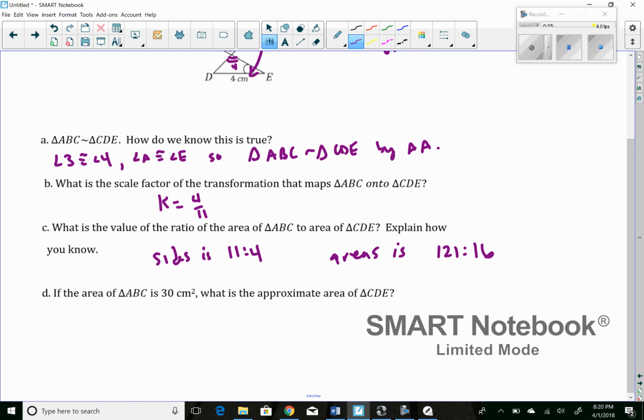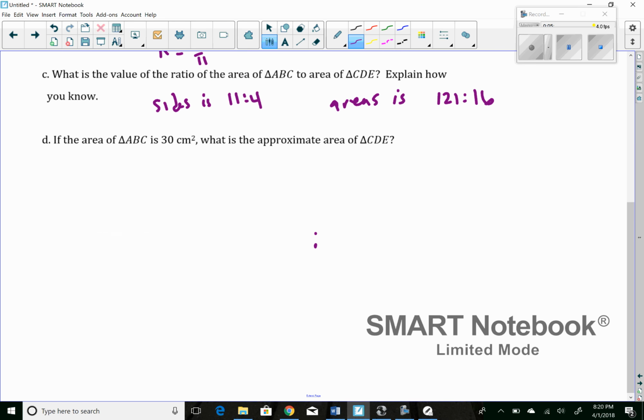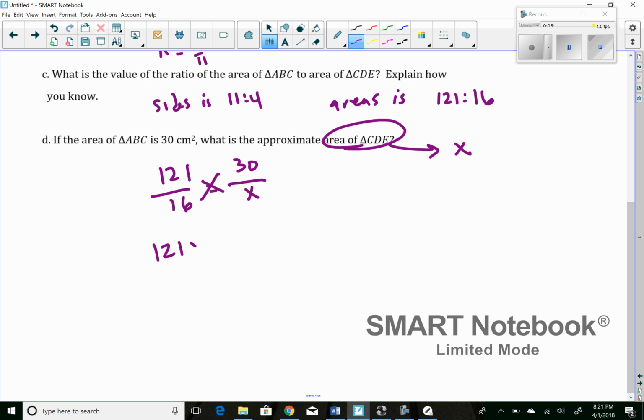It then says if the area of triangle ABC is 30, what is the approximate area of triangle CDE? Well, since I know the ratio of the areas is 121 over 16, I can then say 30 over x, x representing the area of the smaller triangle. Notice I made the larger part of the ratio opposite the larger area and the smaller part of the ratio opposite what I think the smaller area is going to be. So if we cross multiply, I get 121x is equal to 480.